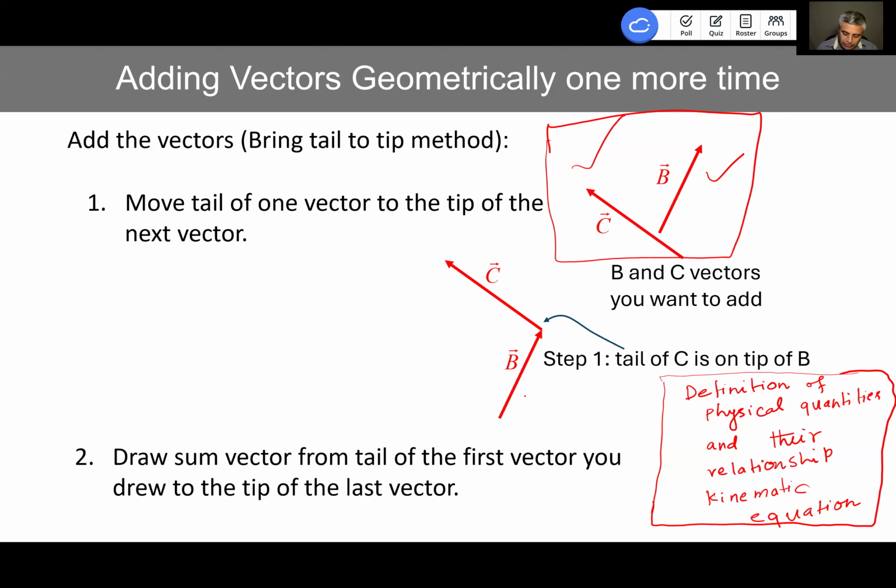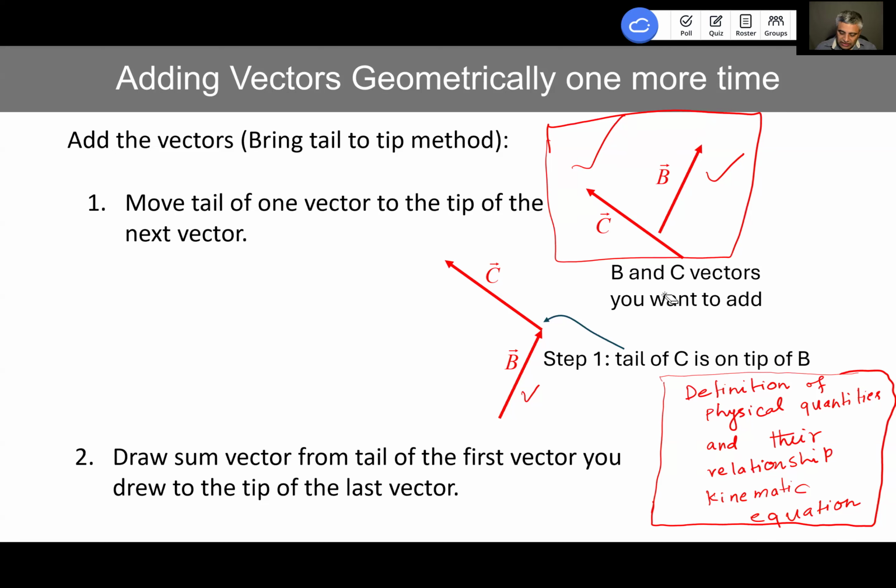So here I'm drawing B first, but you could also draw C first if you like, okay? And then bring the tail of the second vector to the tip of first vector. Remember, while subtracting, we did tails together, but while adding, we're not doing tails together, rather tail to the tip. See, tail and tip are together.